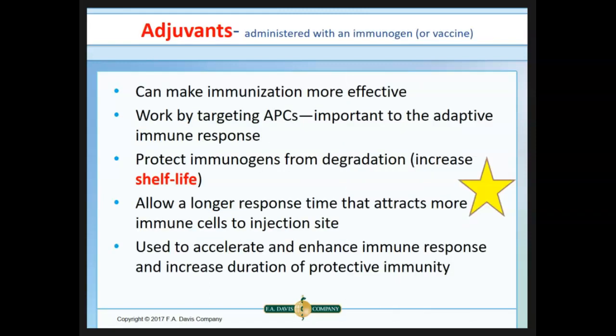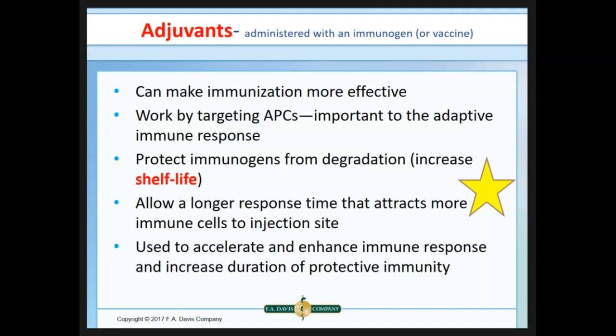Adjuvants. Another term. An adjuvant is a very small molecular weight substance that's administered with an immunogen, in particular a vaccine. Let's use that as an example. It can make immunizations more effective because adjuvants enhance antibody formation, and it works by targeting antigen-presenting cells.